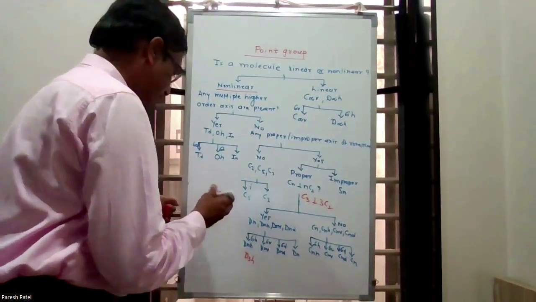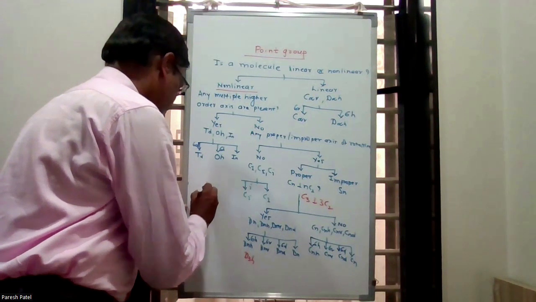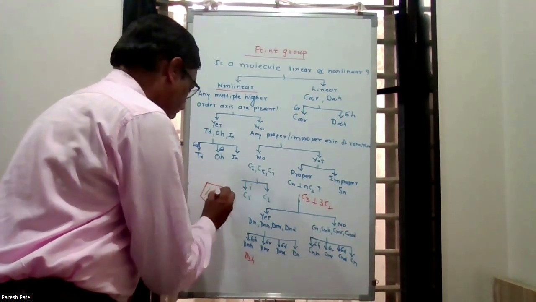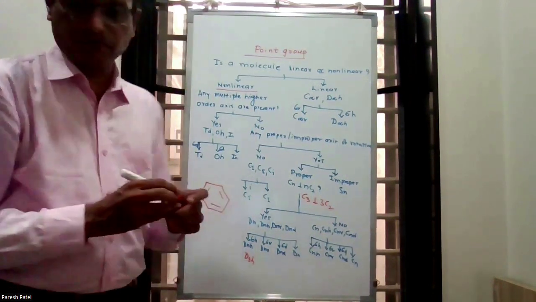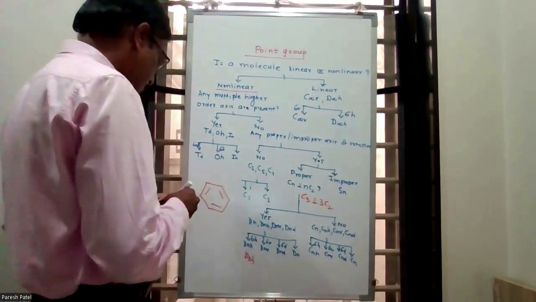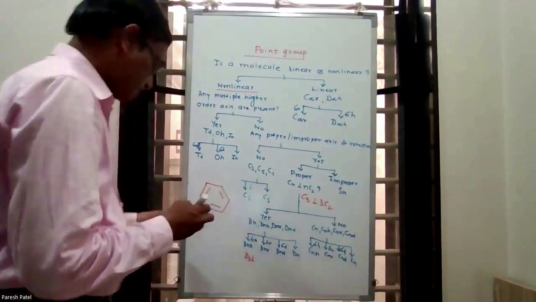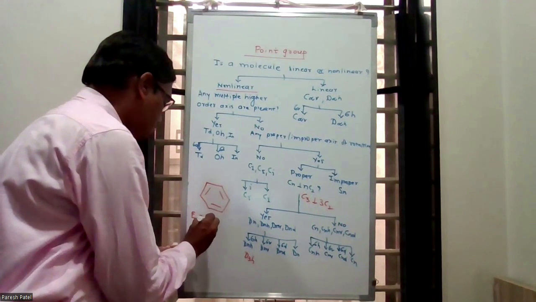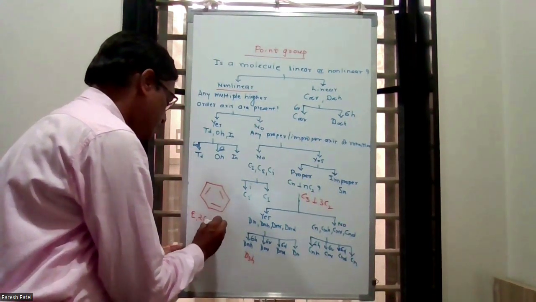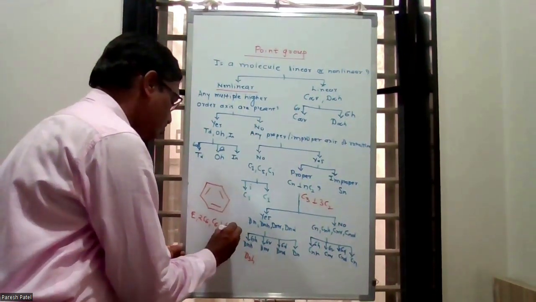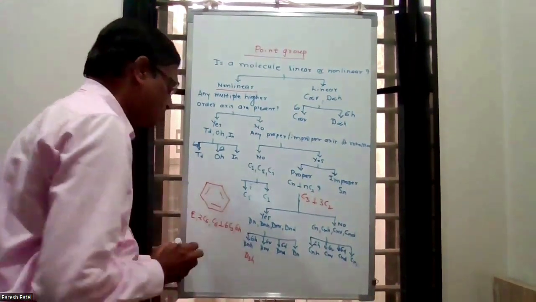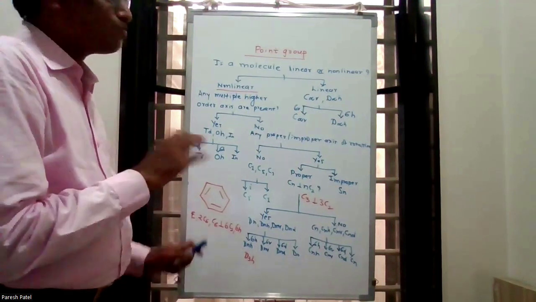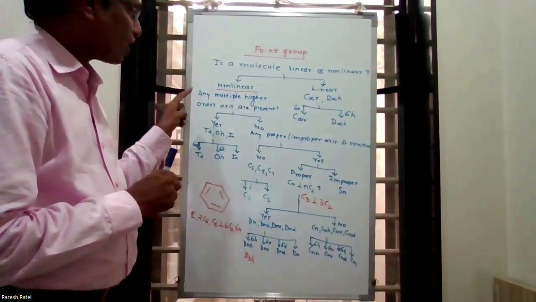Next molecule is the benzene molecule. In the case of the benzene molecule, this molecule consists of E, 2C6, C6 perpendicular to 6C2, and sigma h symmetry elements. Now, this molecule is nonlinear.